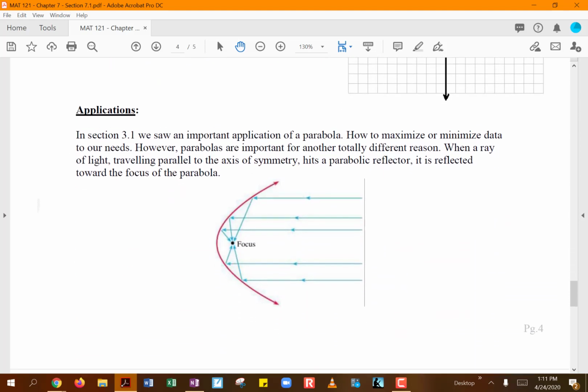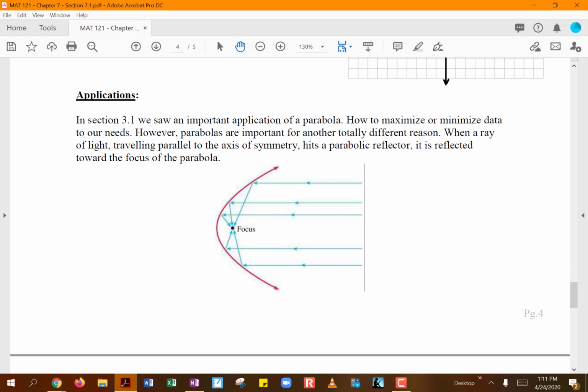Okay? Alright guys, so the last thing I wanted to talk about here was just an application with this idea of parabolas. So here we're saying in section 3.1, we saw an important application of a parabola, and that was basically how to maximize or minimize data based on our needs.